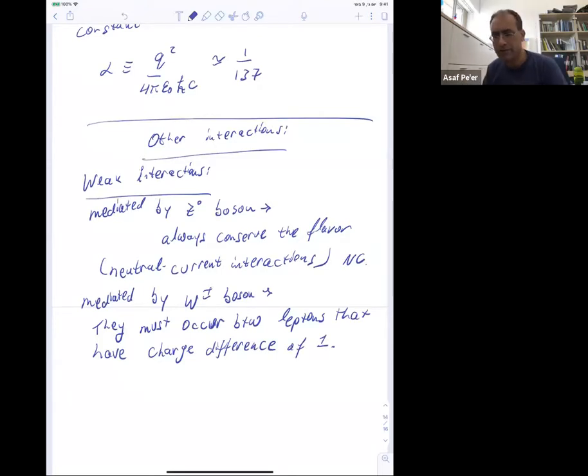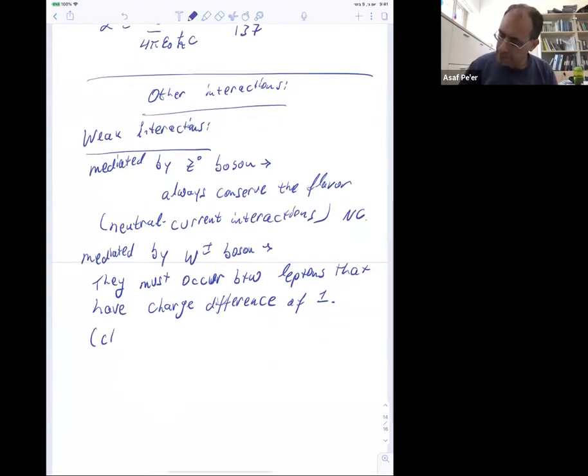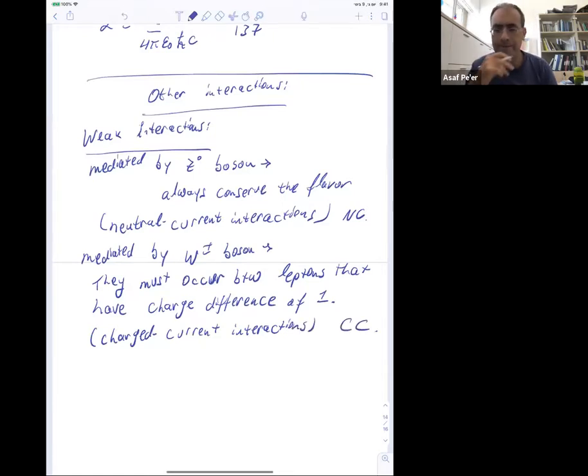They're not conserving the flavors of the interaction. These are called charged current interactions, CC for short. So obviously flavor is not conserved.